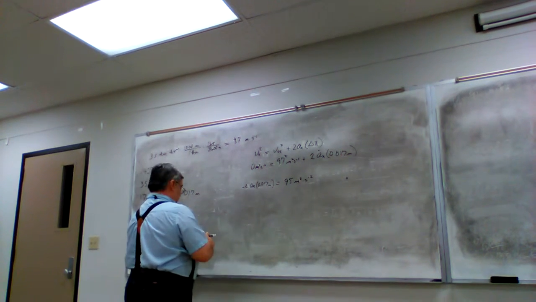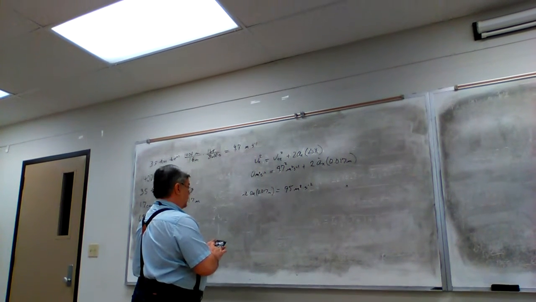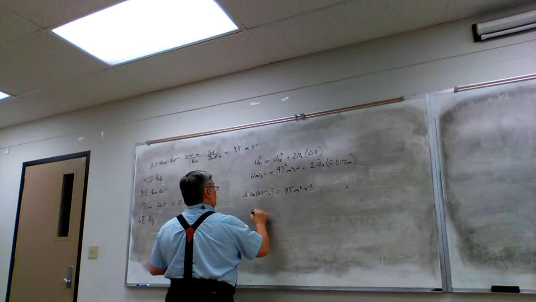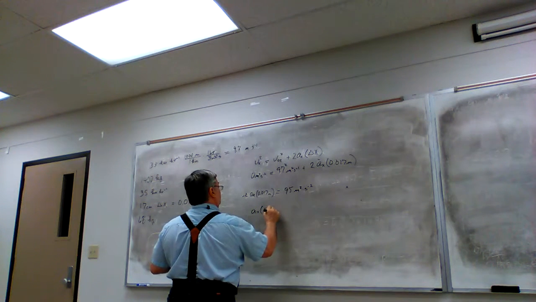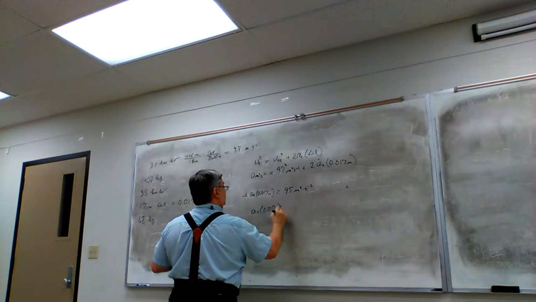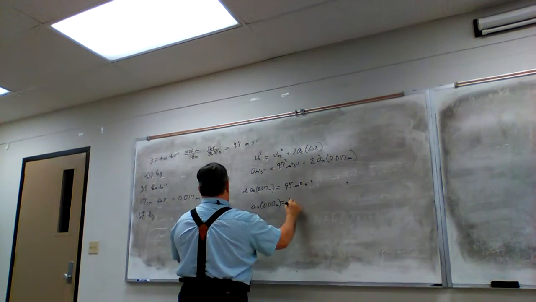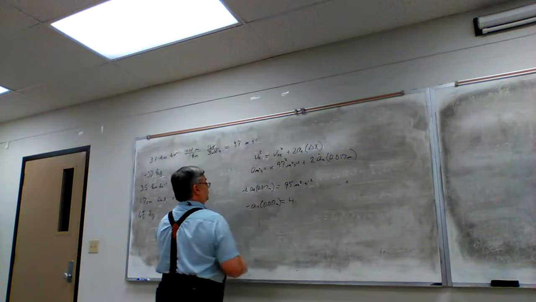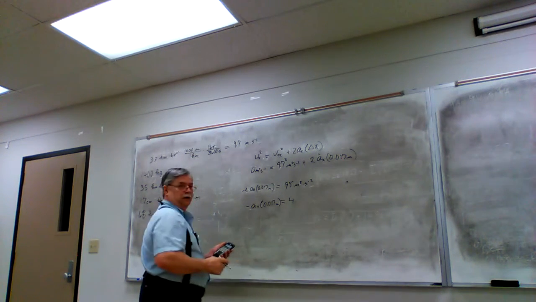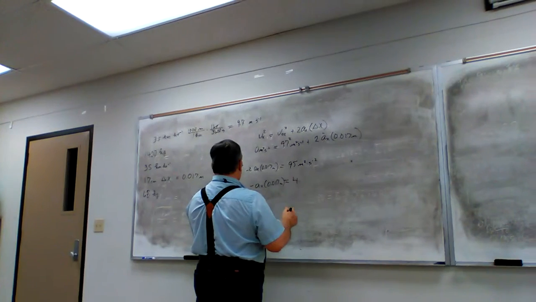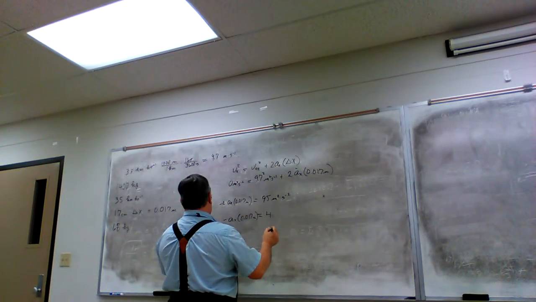We divide both sides by 2, and we get a x times 0.017 meters is equal to negative 47.3, that's still a negative because we divided by 2, not negative 2.